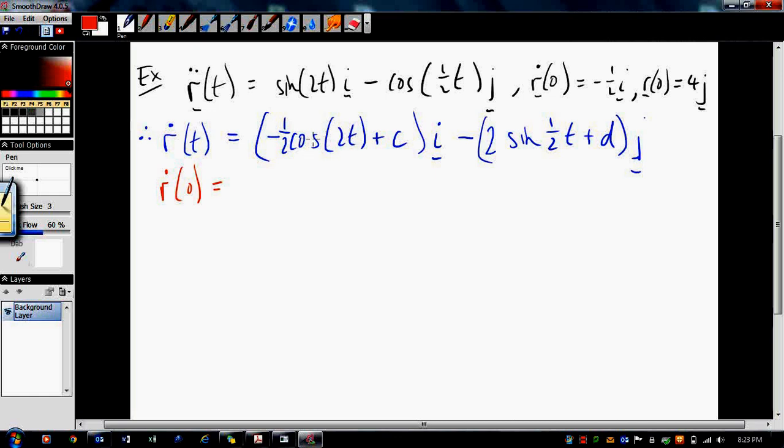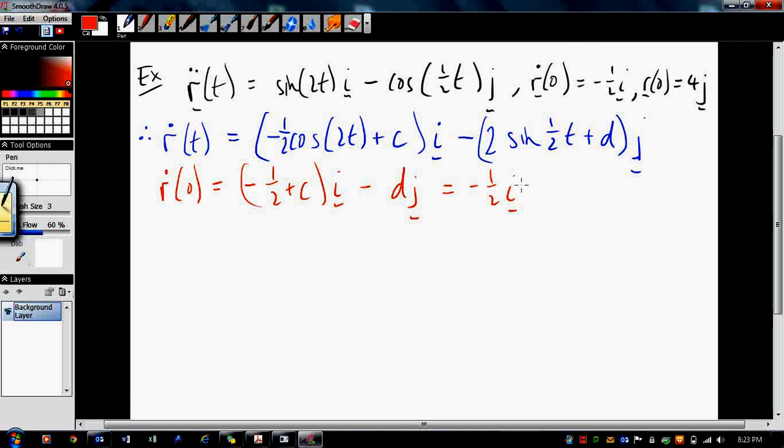Cos of 0 is 1, so that's going to be negative a half plus c i minus, when t is equal to 0, sine is equal to 0, and so we're just going to get minus d j. Okay, is that correct? Yep, that's fine.